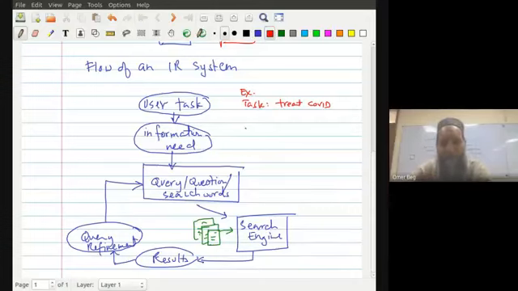So they would search. So the need is info about COVID treatment.